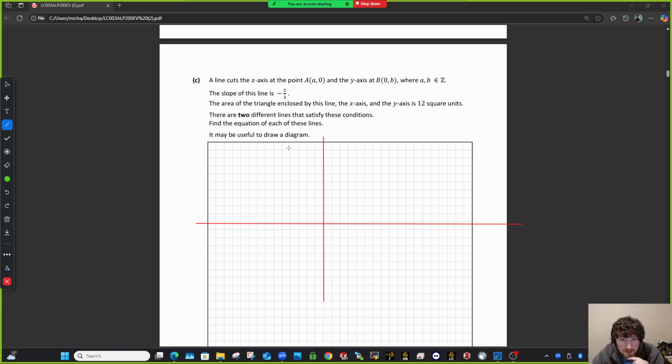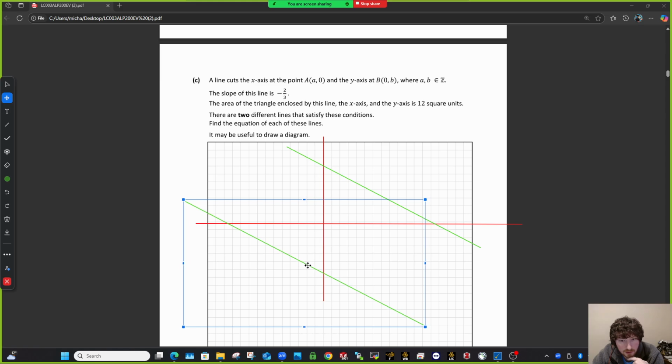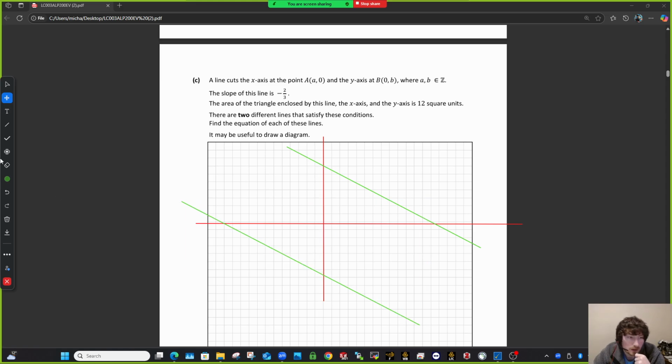So the two triangles that can be made are one that looks like this, and then another one that looks like this. So the triangles are in the first quadrant and the third quadrant, like such. So when you're solving this question, you want to maybe just work with the first quadrant one. You mark in these points here.